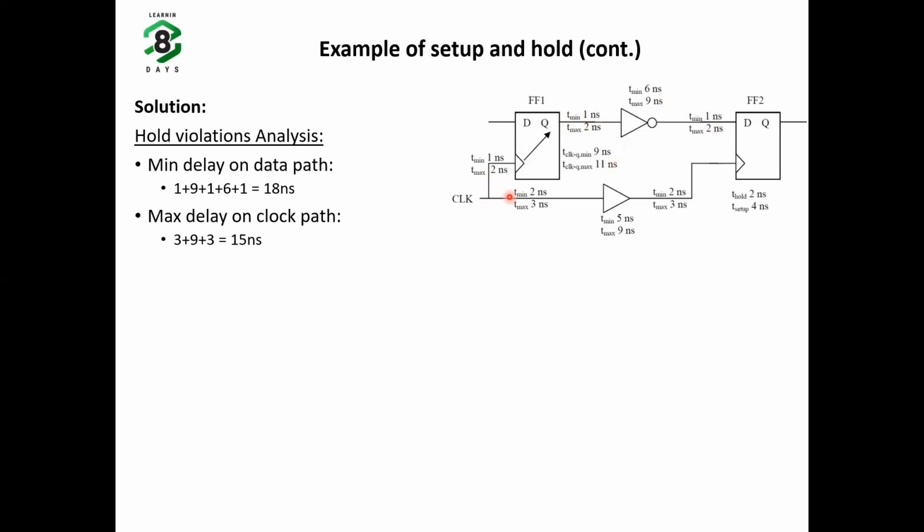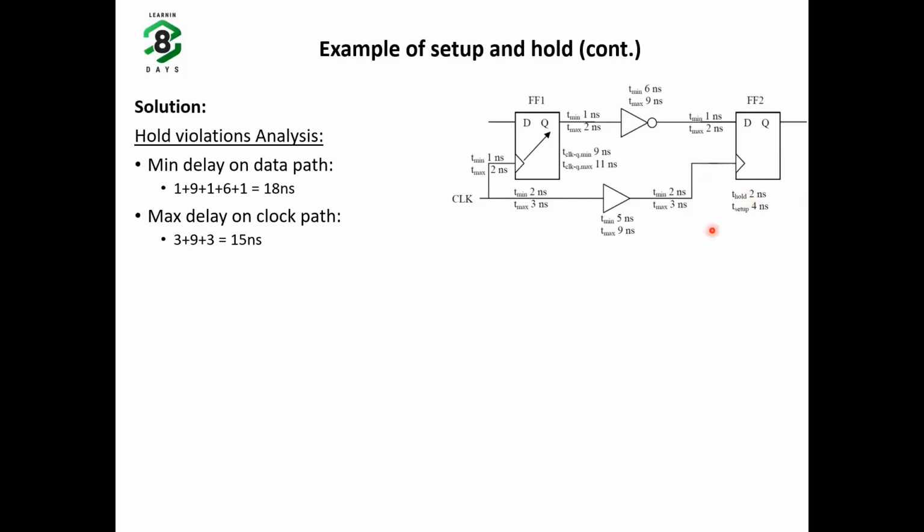Now, max delay on the clock path. Clock path is taking a delay of 3 ns plus 9 plus 3. So clock will arrive at 15 nanoseconds. So the clock is arriving much earlier than the data. But we have to be cautious as we have a hold requirement. What do we want?